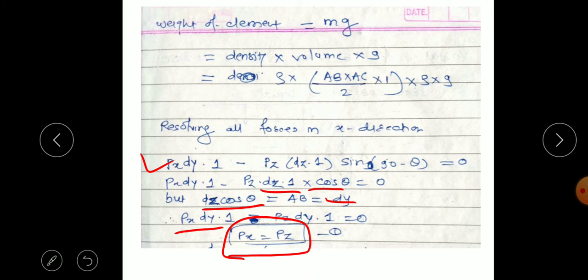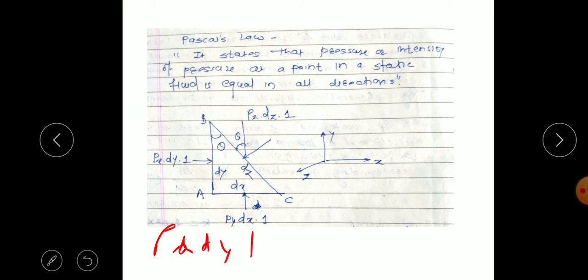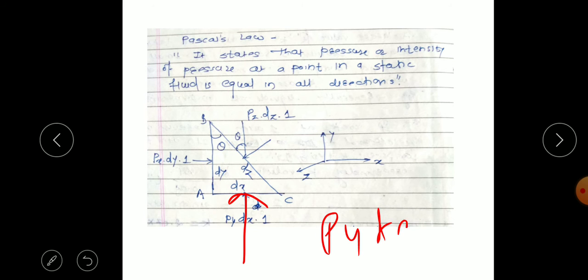Now we are resolving all forces in the y direction. So in the y direction, the forces acting are the vertical force acting on the side AC, that is py dx into 1, and the vertical component of the force on the inclined face, where this angle is 90 minus theta.